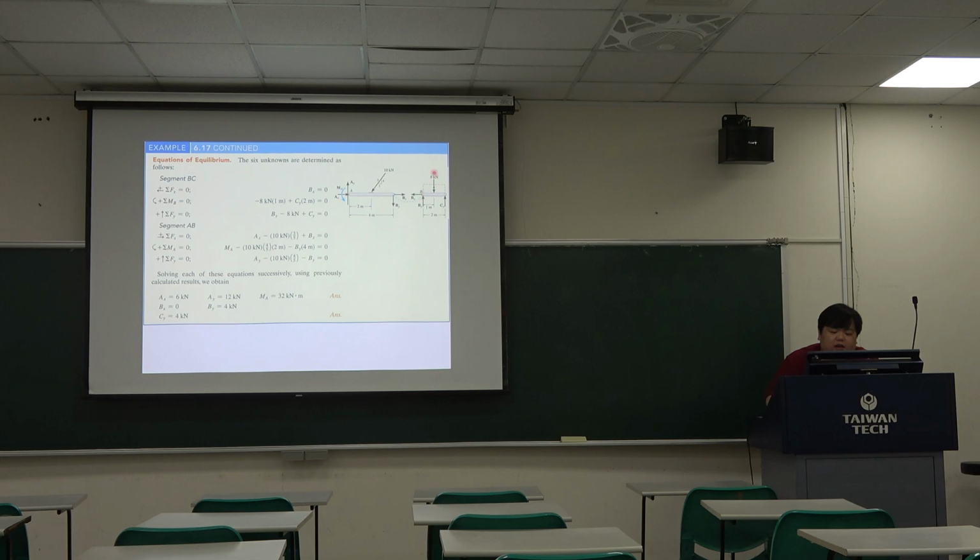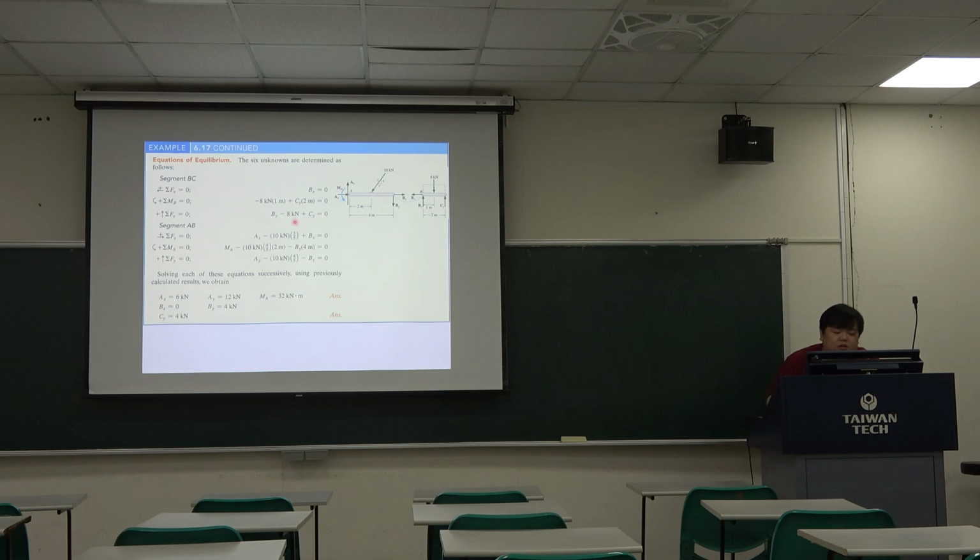We just care about this force and this force, which produce moments about point B, and these two moments combined together are equal to 0. So it's very easy to get the Cy answer. Then when we do the summation Fy equal to 0, because we know the Cy answer from the previous equation, we can calculate the By answer.